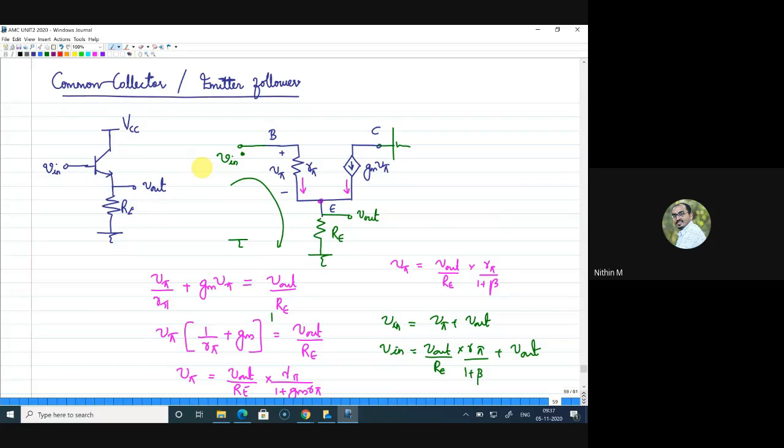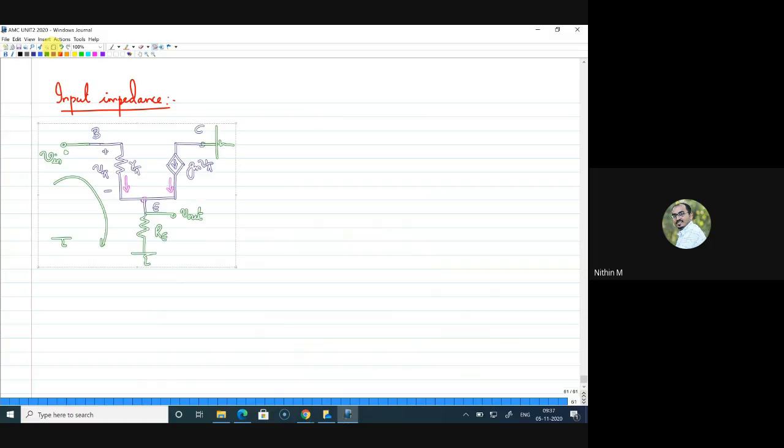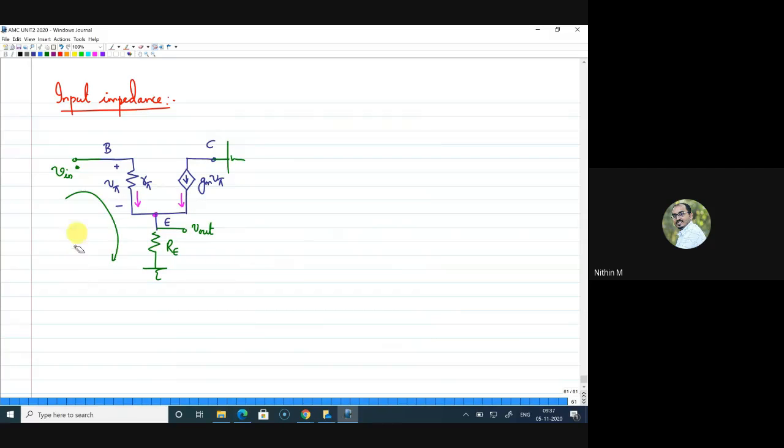Call it as V test, and you should find what is V test by I test. Right. So let me place this equivalent circuit here. On that I'll work on.